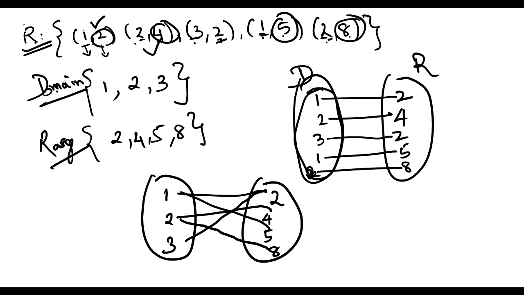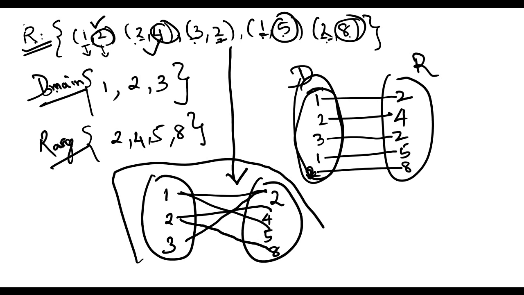So this is what this relation can be represented as on a map diagram, okay, with lines going from domain to range.